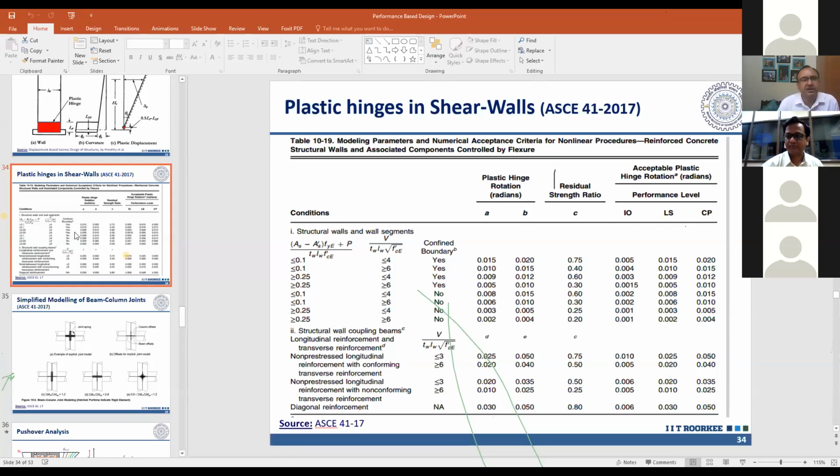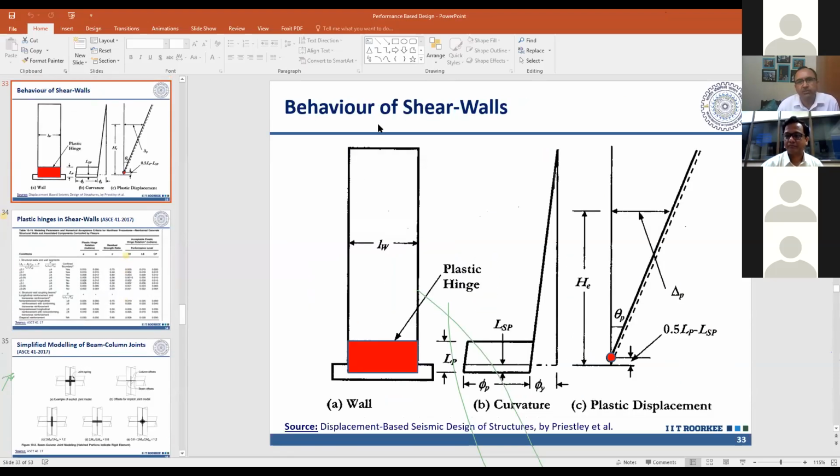It is obtained experimentally from equating the displacement. For example, here, what we will like that experimentally, what was the displacement at the top here? Analytically, by considering that plastic hinge length, we should get the same displacement. By equating the two, we get the plastic hinge length, and from using regression, several models are available.